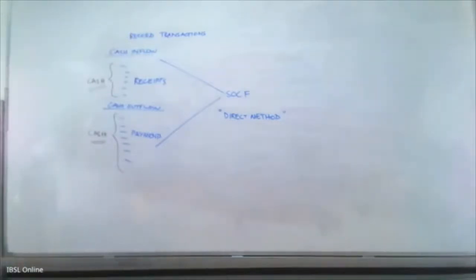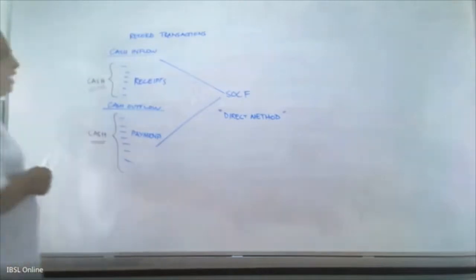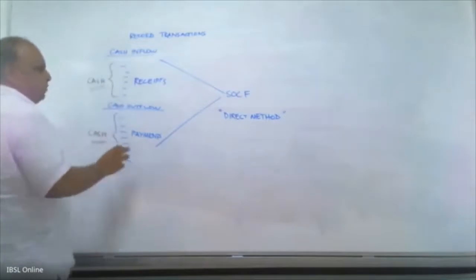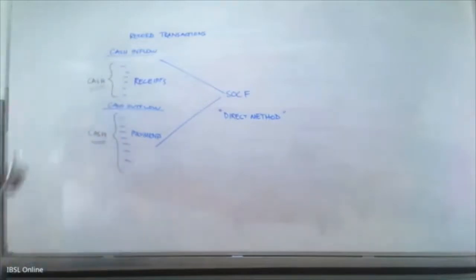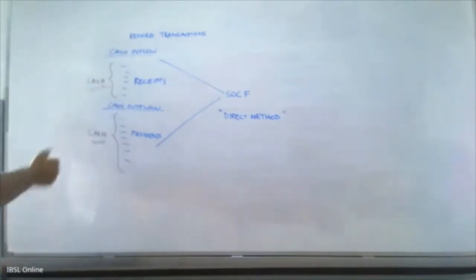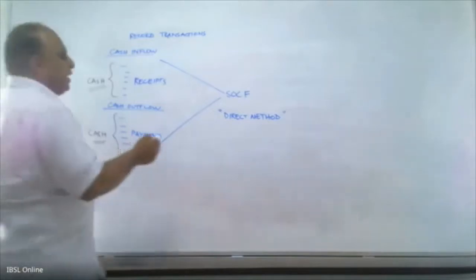This is very difficult, but an easy way of doing the cash flow. Maybe you can get an exam question to do it like this, but practically, due to the business volumes or transaction volumes, this is not practical. So what most companies do is they adopt the indirect method.